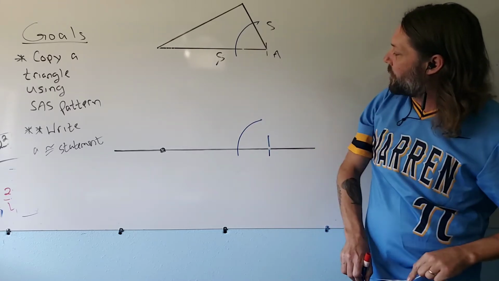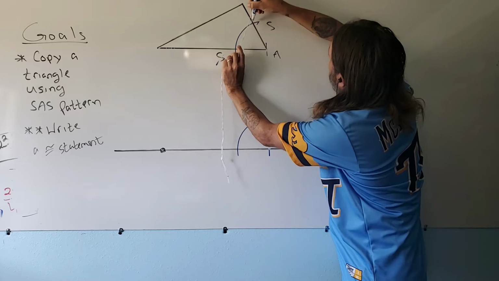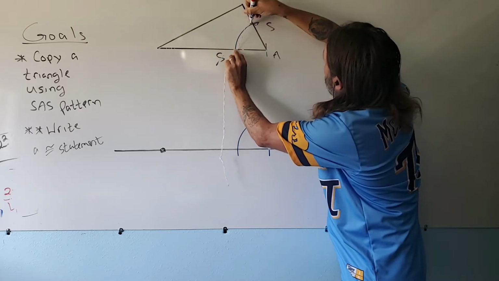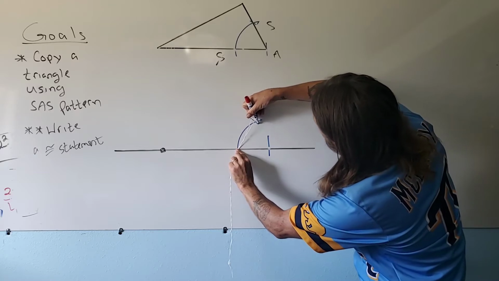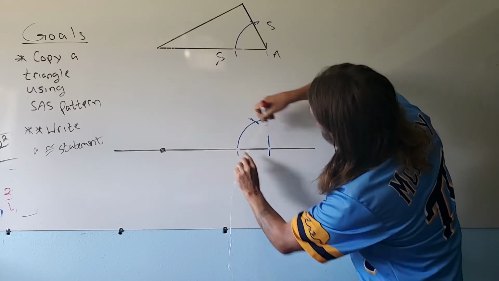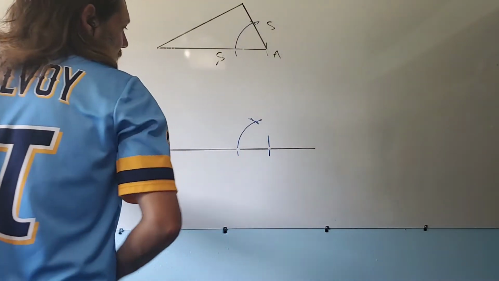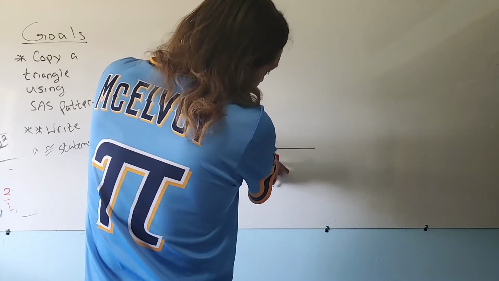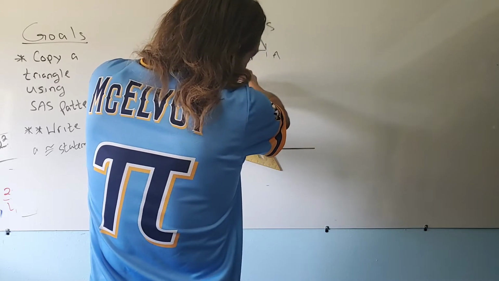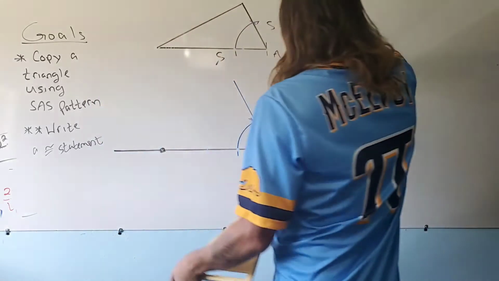And then I have to measure how much my angle opened. Come down here and copy how much it opened. Okay, so now I draw a line through this. And I've copied the angle.